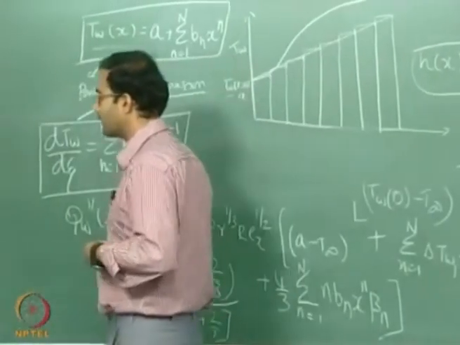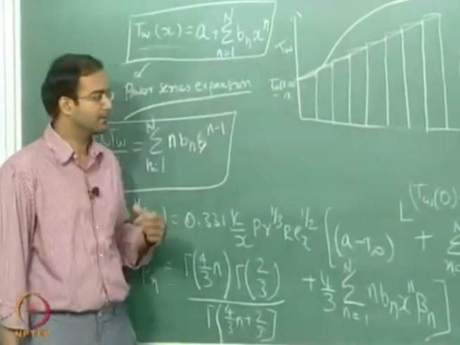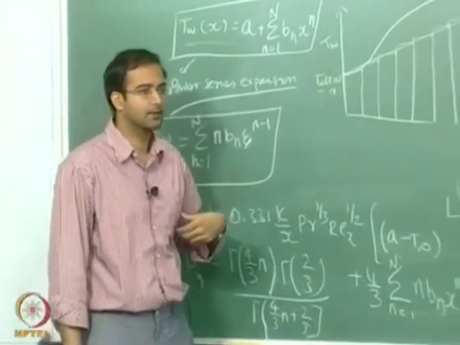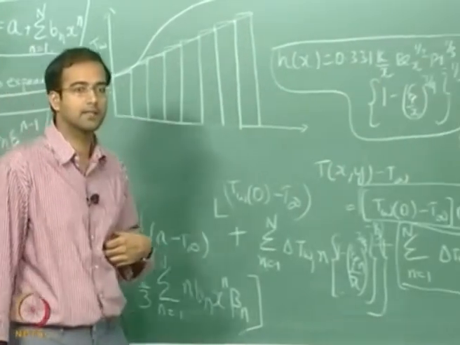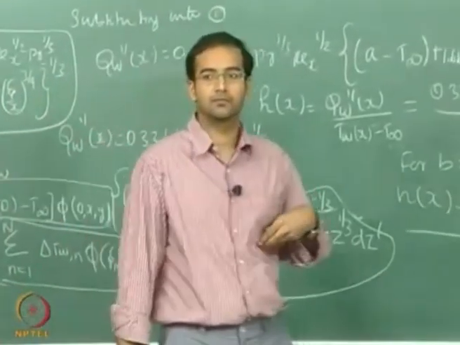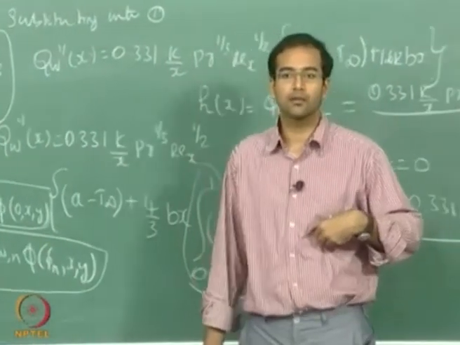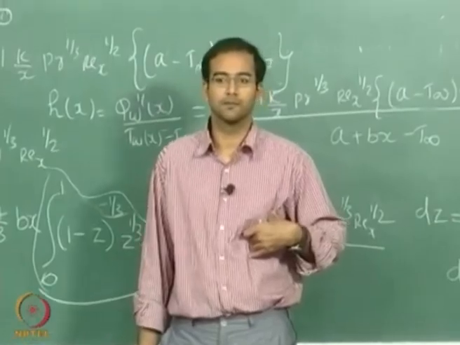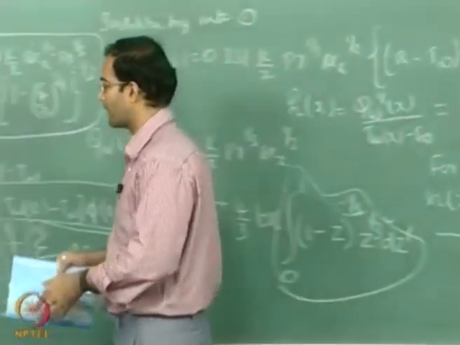Now the question is, given local variation in the temperature profile, we can use this to calculate the local heat flux. But what about the other way? Suppose your wall boundary condition is a locally varying wall heat flux. How do you calculate the local wall temperature as well as the heat transfer coefficient? That is also a little bit more complicated derivation.